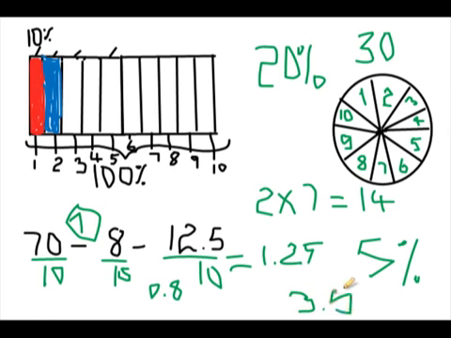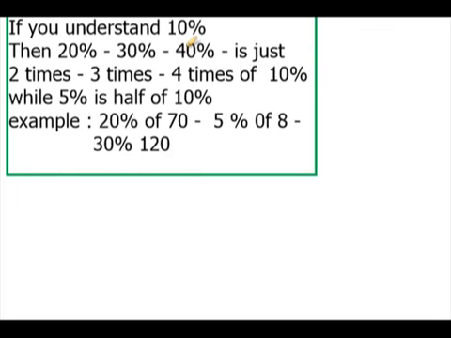So 3.5 is just 5%. You see, with 10%, I can easily compute 20%, 30%. I can easily compute 5% also. So I divided by 10, that gives me 10%, and by dividing by 2, that gives me 5%. So that's a good technique. If you understand 10%, any value divided by 10 gives you the 10%.